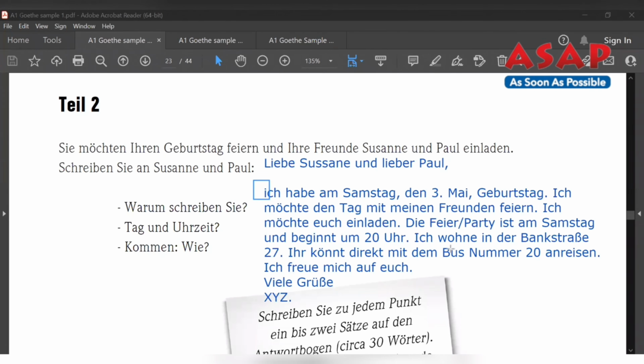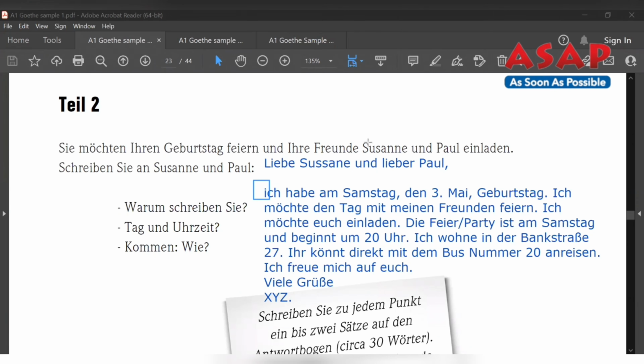Ich habe am Sonntag then written my Geburtstag. Now here I have written "my" and all. You can even skip that part. Why? Because it is not expected that you should cover all these things like cases and all that.